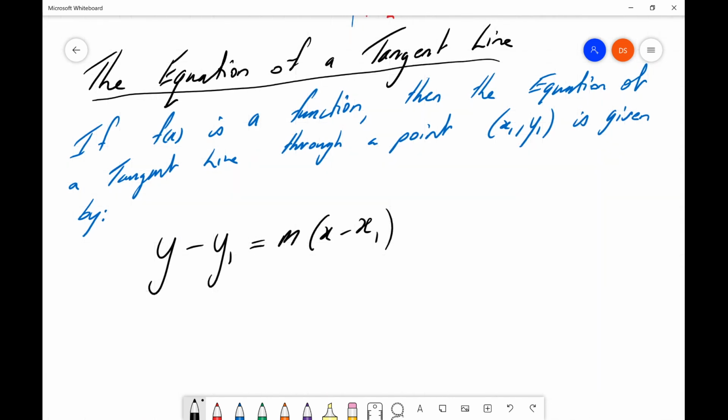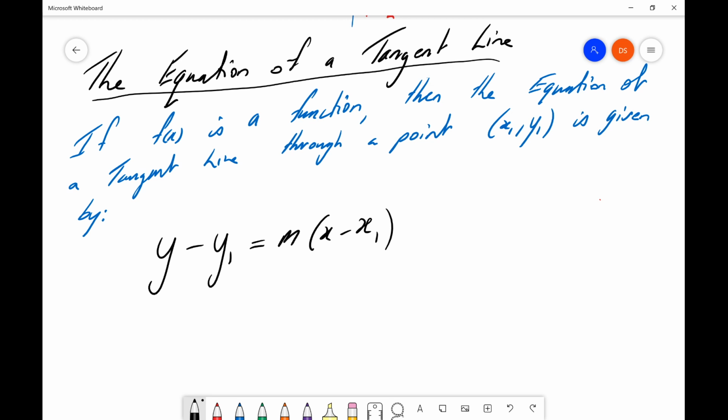Some of you may have seen this in coordinate geometry in level 2. Others of you might recall an equation very similar, y equals mx plus c. This is the better version of that. mx plus c gives us something, but we don't really want to use it. I'd rather use this equation, y minus y1 equals m times (x minus x1).